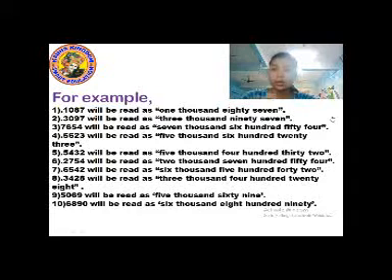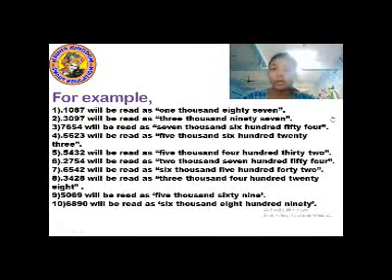And the fifth example is the number 5432. The number 5432 will be read as 5432.